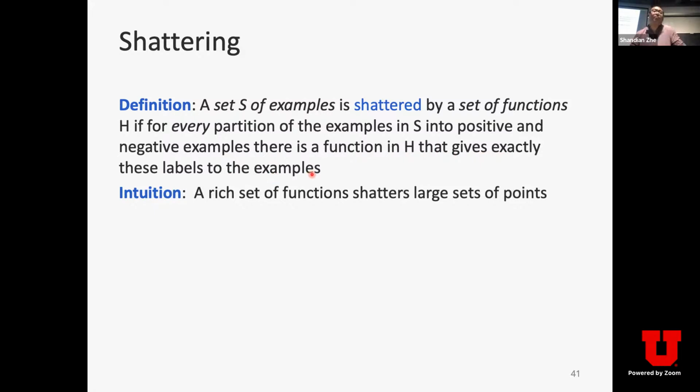That means for arbitrary possible labelings of every point in S, there exists a hypothesis in your hypothesis space H which can correctly predict every label. Then we say this whole set S can be shattered by my hypothesis space H. Does it make sense?